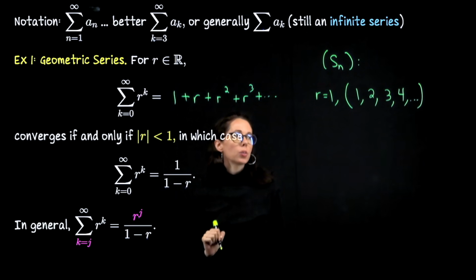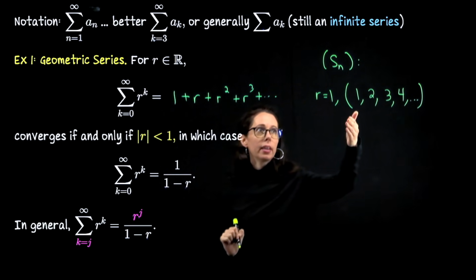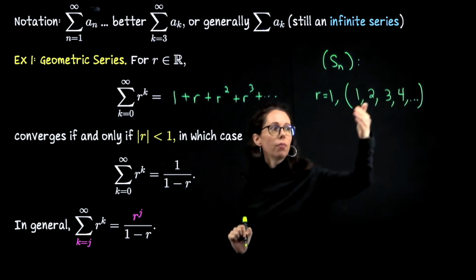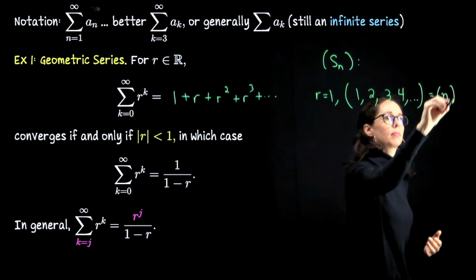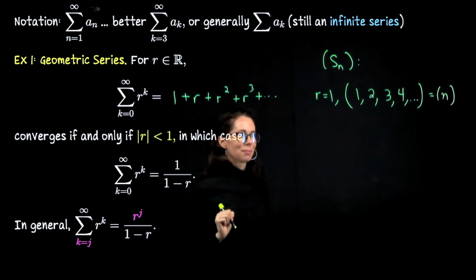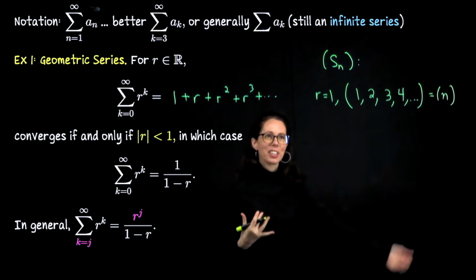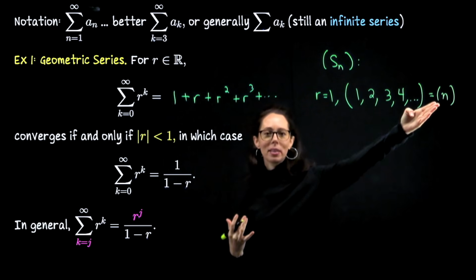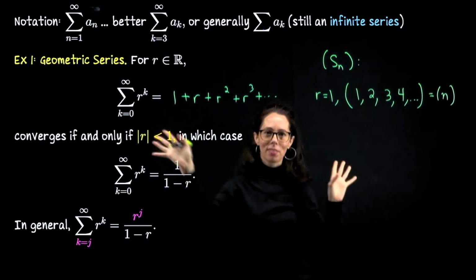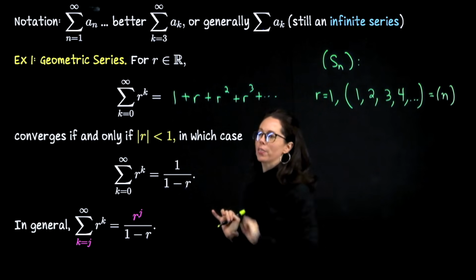So when the base r is 1, we can actually say explicitly that the partial sums form the sequence that looks like n. To just keep going about notation, notice here that I'm indexing my partial sums with n, so it makes sense to call this n. Here I used k. Okay, so you've got a sequence over here, a series over here.